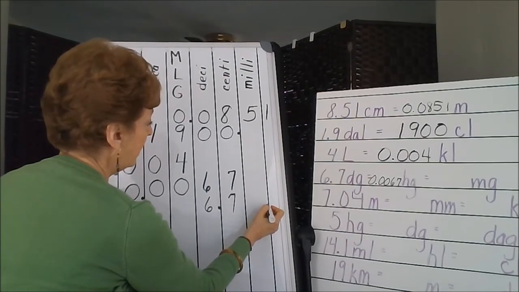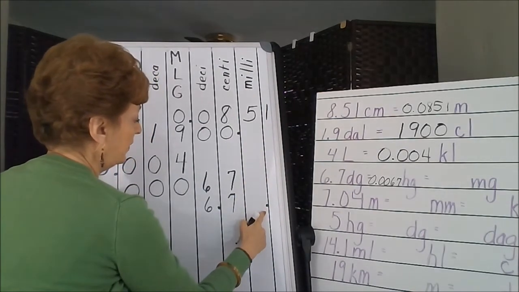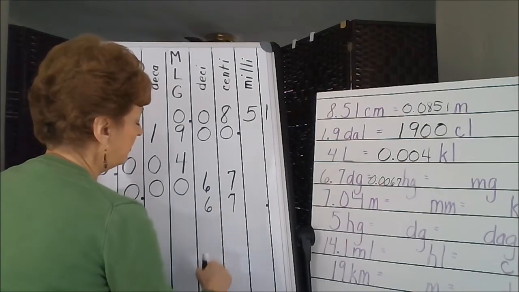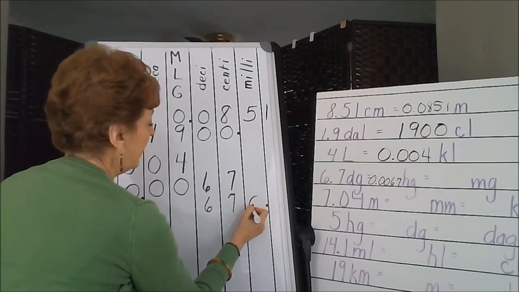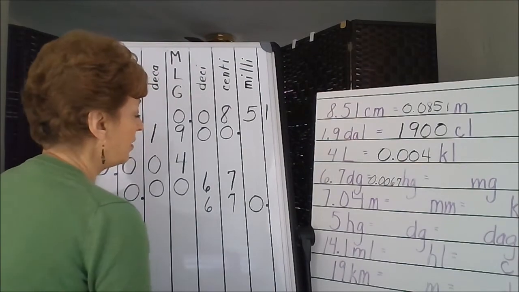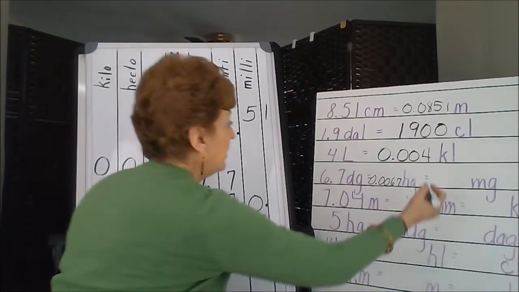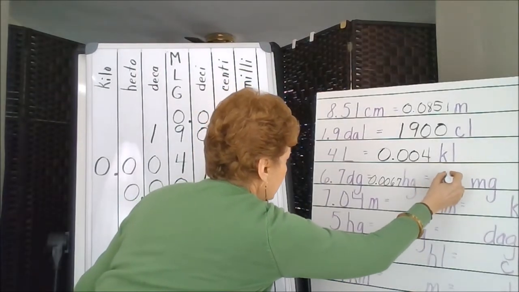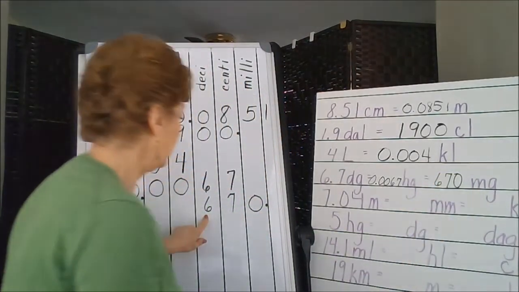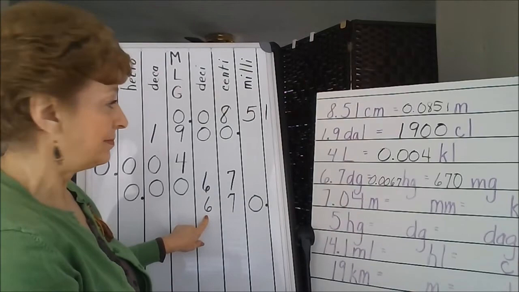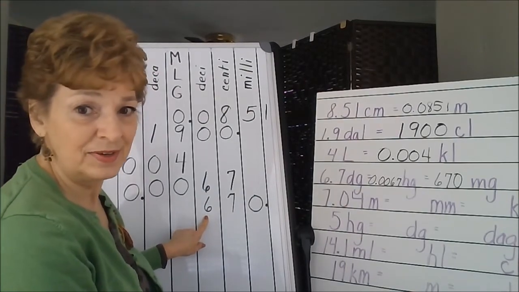This is the milli column. We're going to remove the decimal point, fill in any column that needs a 0 up to the decimal point, and now we have 670 milligrams. It's very easy, very, very easy.